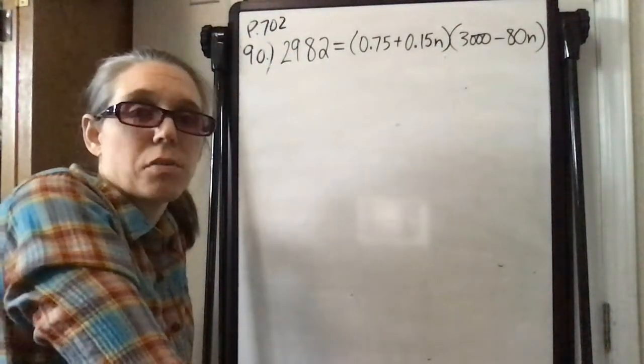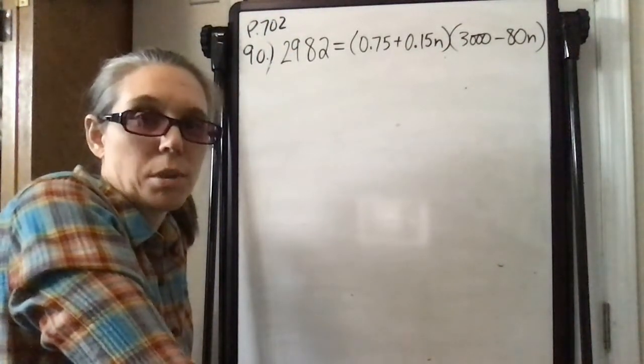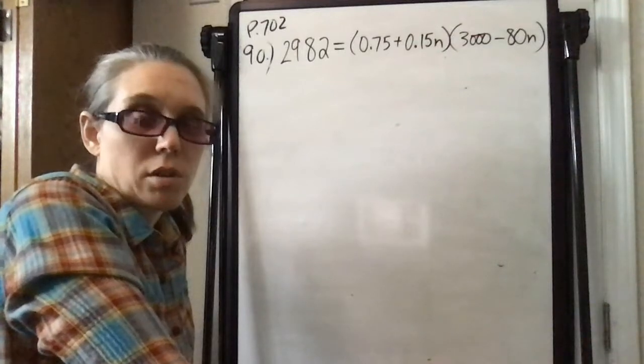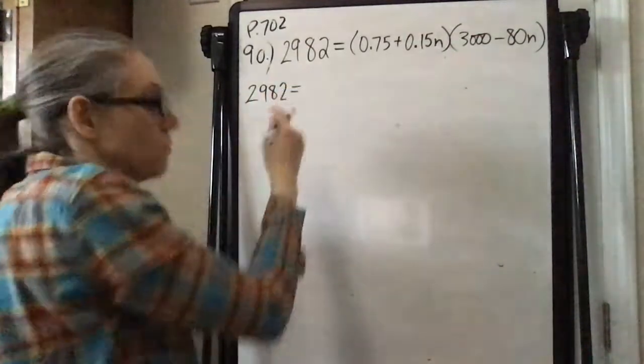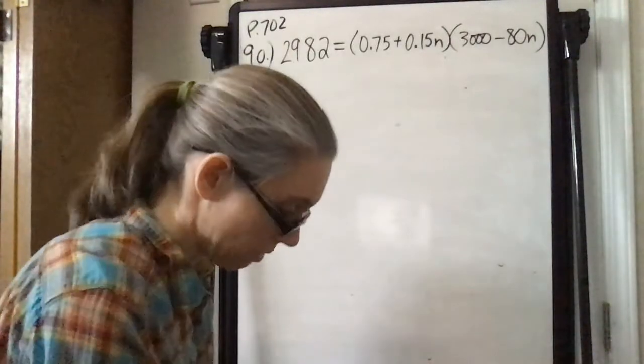Now I need to get this into a form where I can actually use the quadratic formula. So that means I need to FOIL the right-hand side first. Okay, so 75 cents times 3,000.